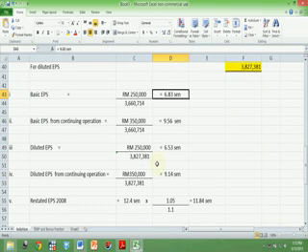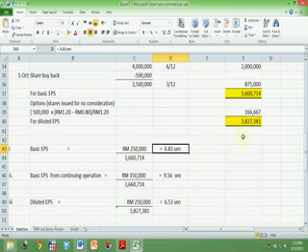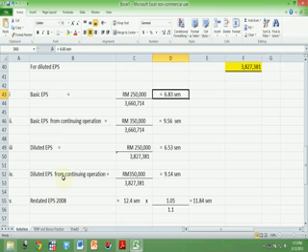While for diluted EPS, it is 250,000 divided by 3,827,381. For diluted EPS from continuing operation, it is 350,000 divided by 3,827,381.